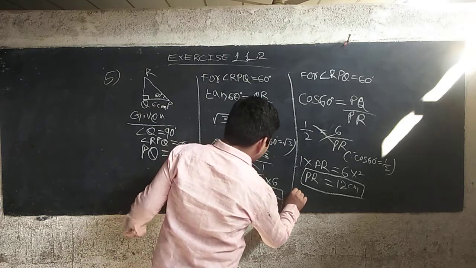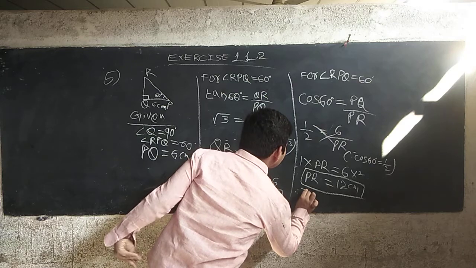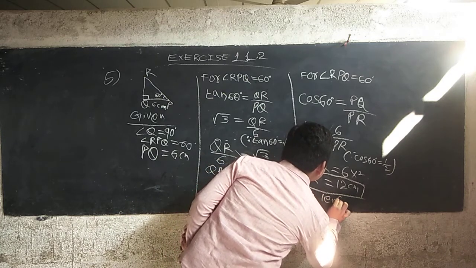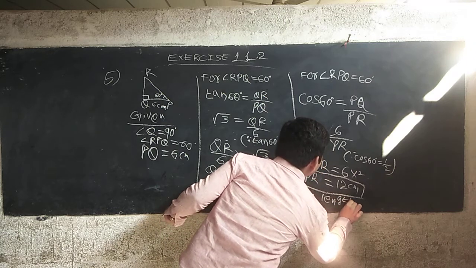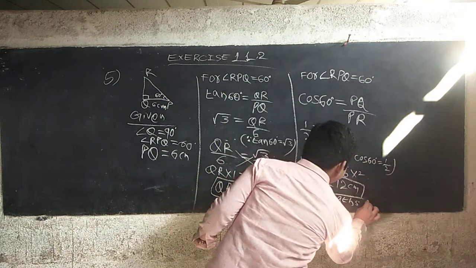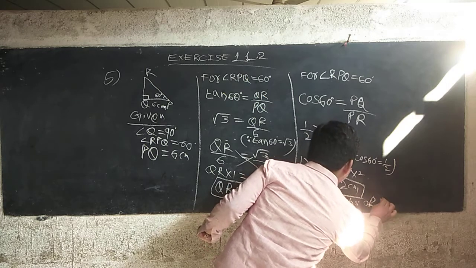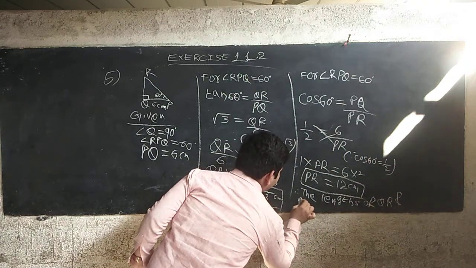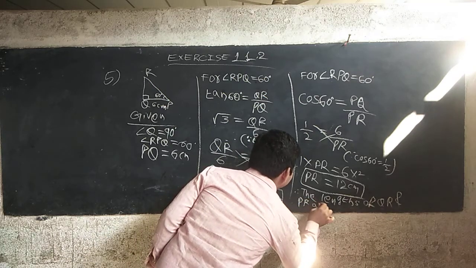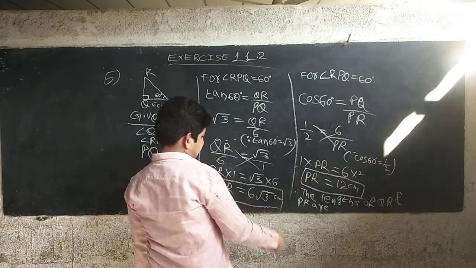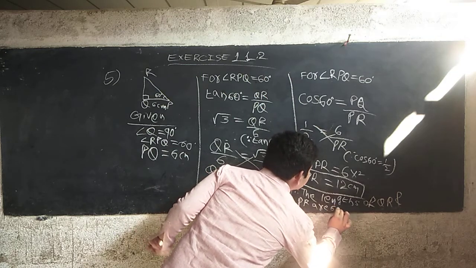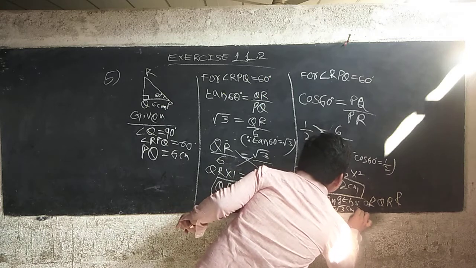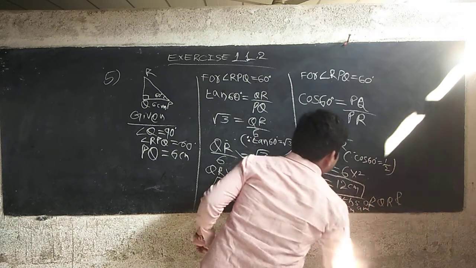Therefore, the lengths of QR and PR are 6 root 3 centimeters and 12 centimeters.